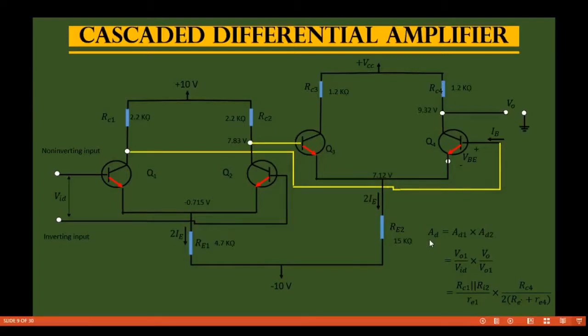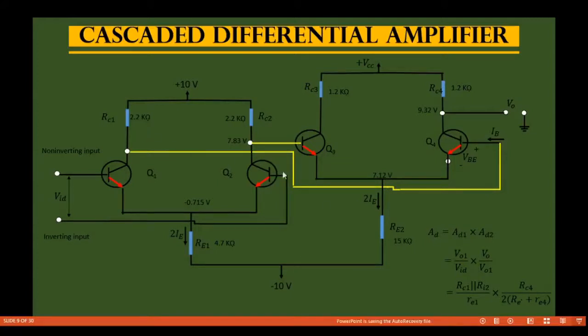As we know, the gain of a multistage amplifier is the product of the gains of the individual differential amplifiers. In the first stage, gain is output over input.